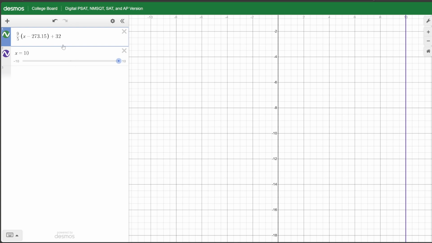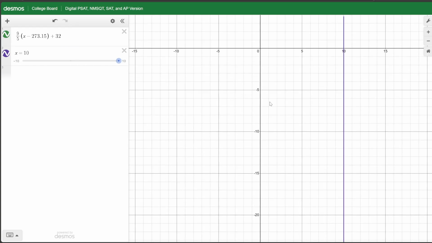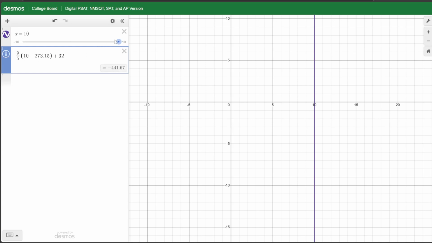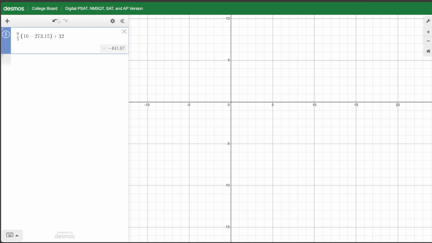Oh sorry, these need rearranged. Or I could just put 10 in there, I suppose. I don't know why that didn't quite work, but anyway, if you put 10 in there, then negative 441.67.